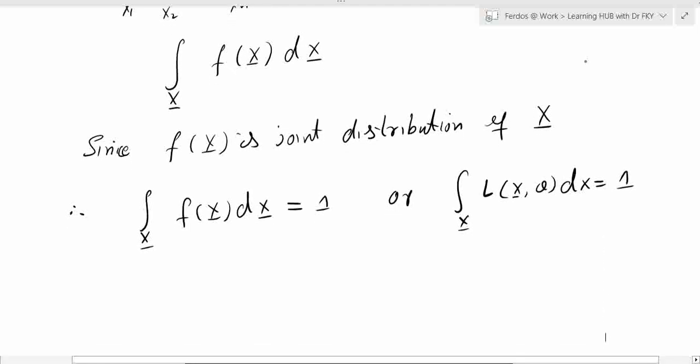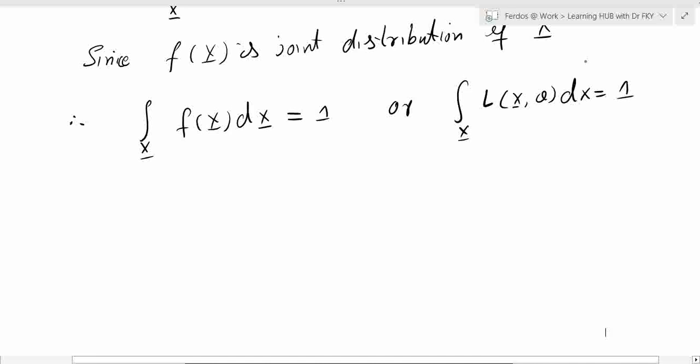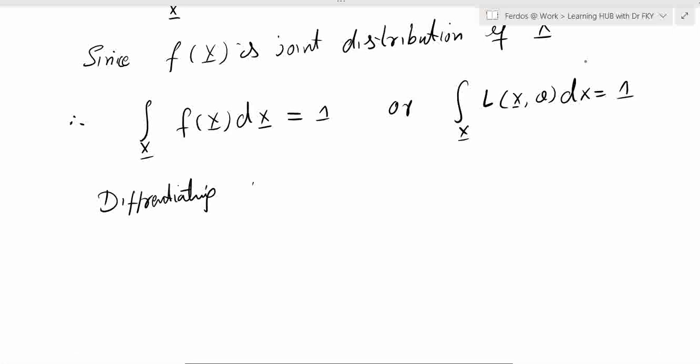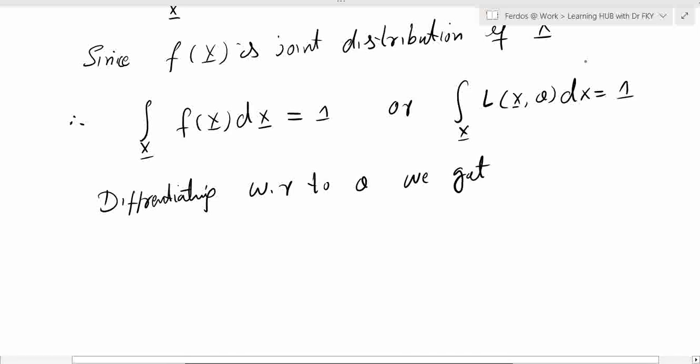Now differentiating with respect to theta, we get: just apply the partial derivative on both sides.